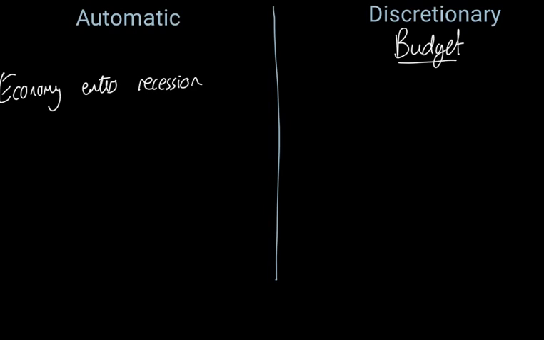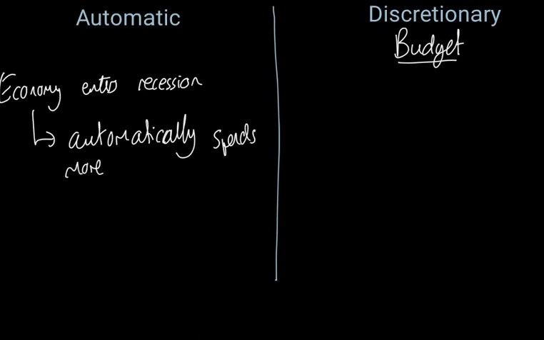What will happen there is automatically the government will be forced to spend more money on day-to-day things just by virtue of the fact that the economy is slowing down. So the government automatically spends more, and that obviously then will increase the G component, and that happens automatically just as a result of the economy slowing down.